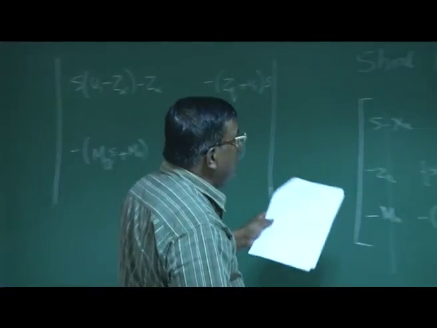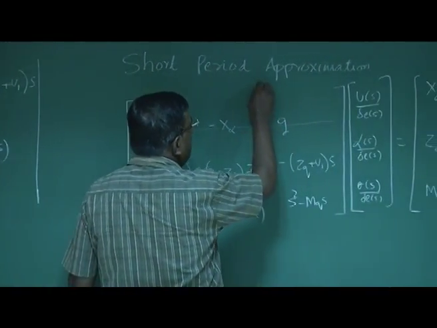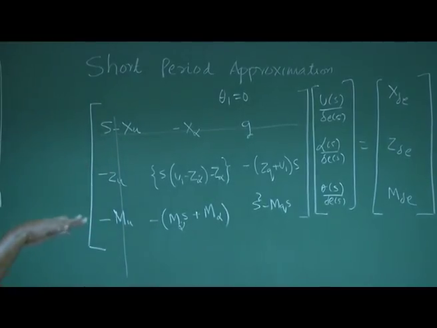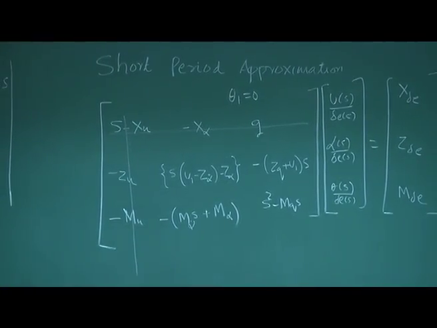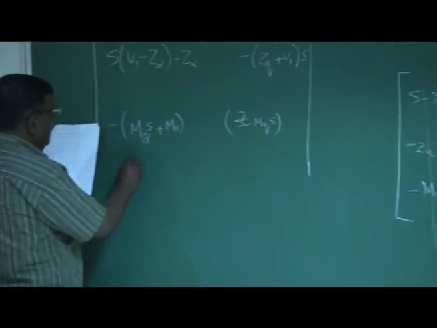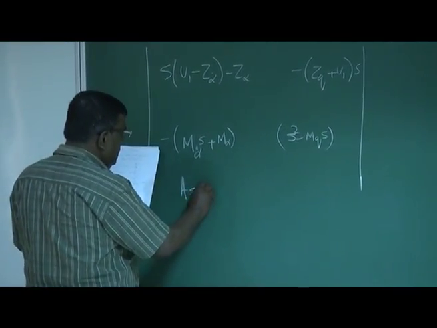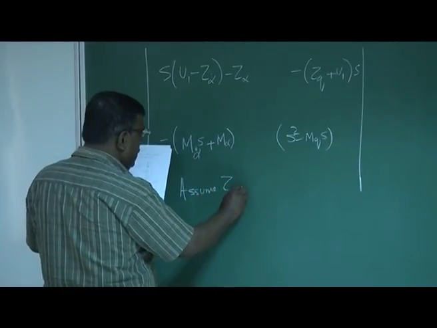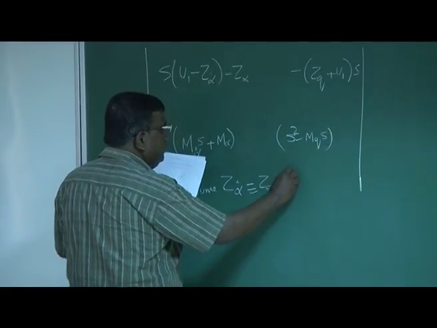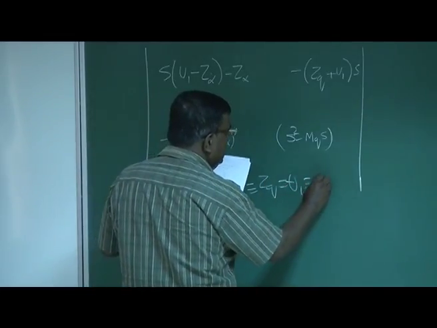Before I go to that, please note down here, this is G, means I have taken theta 1 equal to 0, which is fine. I'm going like this at steady state. And also when I do it here, if I assume z alpha dot equal to zq and also theta 1, all are identical to 0.